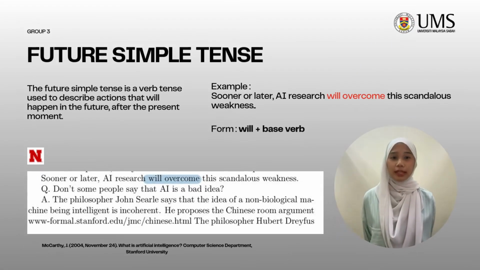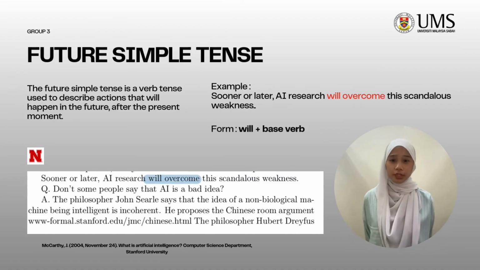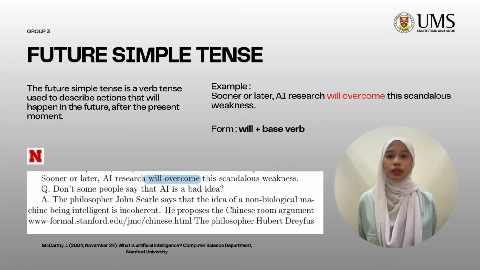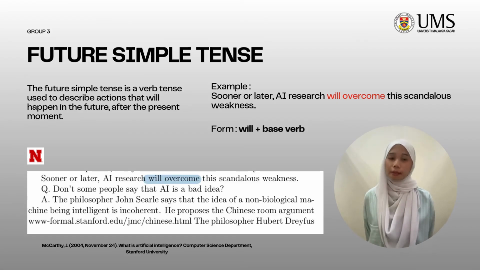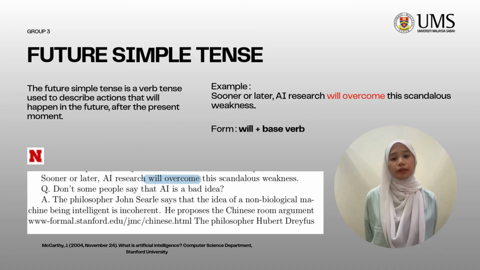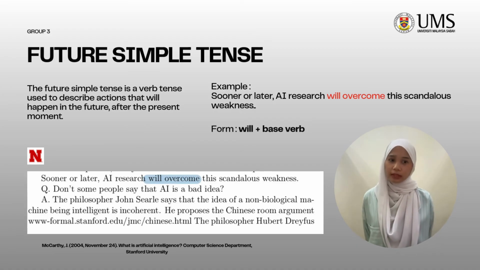The future simple tense is used to describe actions that will happen in the future after the present moment. It's the tense we use when we want to talk about something that has not happened but that we expect or predict will happen. The form is very straightforward, that is will plus base verb.